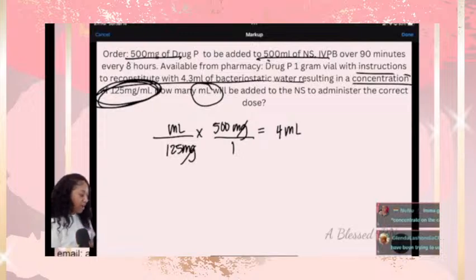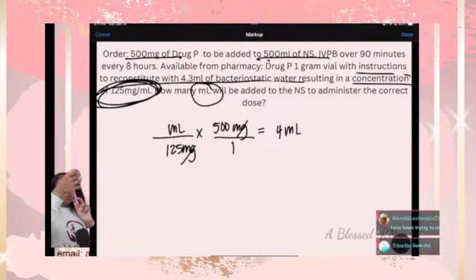So we're going to have a vial. This is my vial. This is my AirPod case, but let's use the imagination. And this is my syringe. After I shake it up, I'm going to add 4.3 mLs to it, and then I'm going to shake it up, and then pull it back, and measure 4 milliliters, because I need 4 milliliters to get 500 milligrams out of this whole bottle, in order to then get my IV bag, shoot it up in there, hook it up to the patient, and let it go 90 minutes every 8 hours.